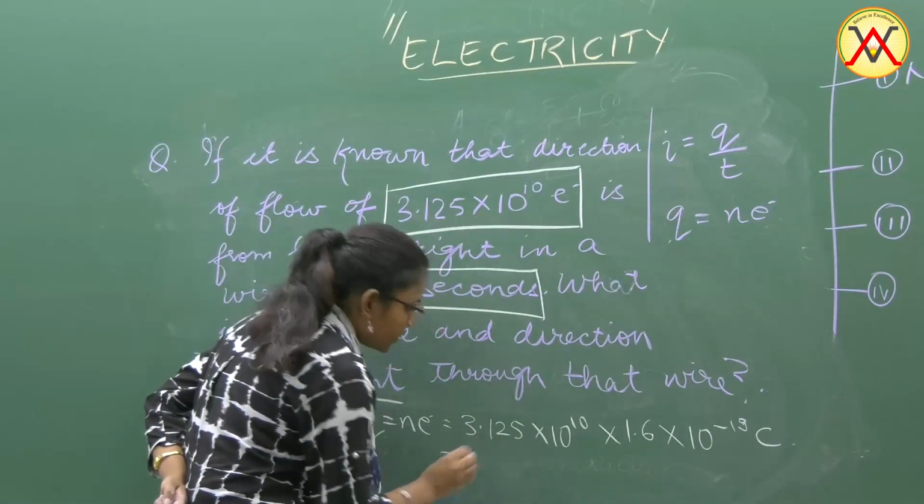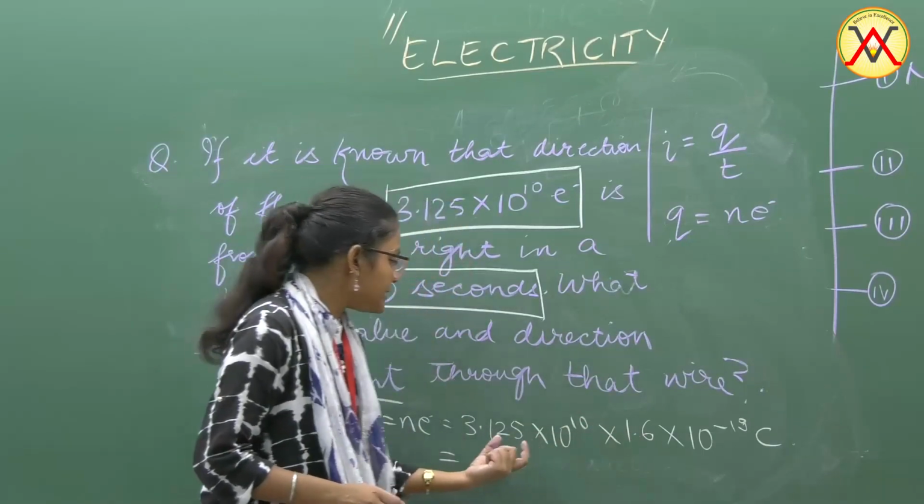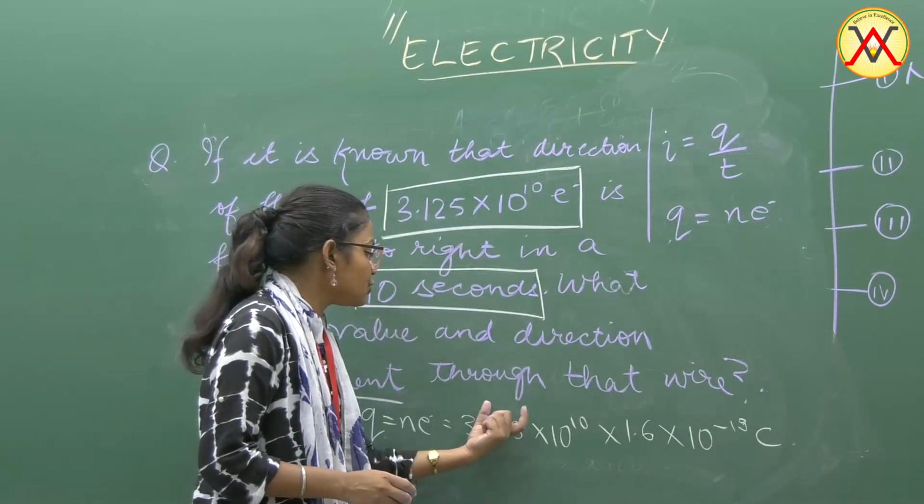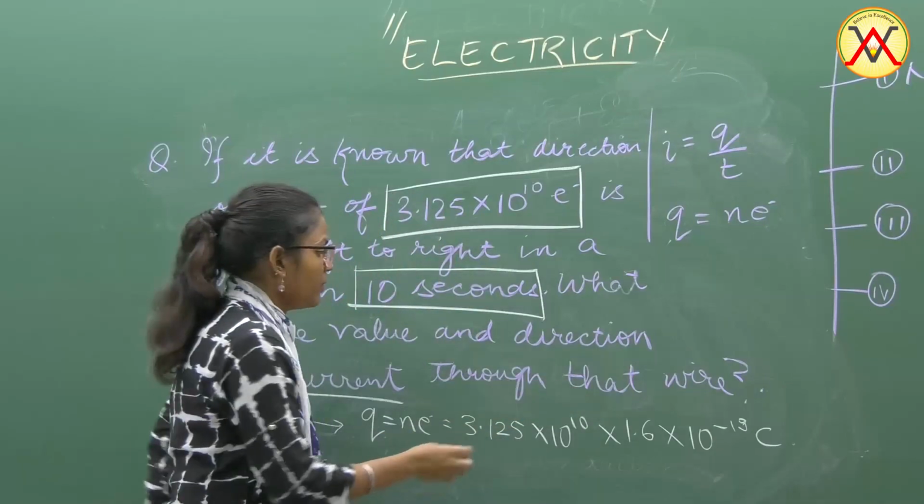Let us solve it further just a bit. Multiply this 1.6 into 3.125.